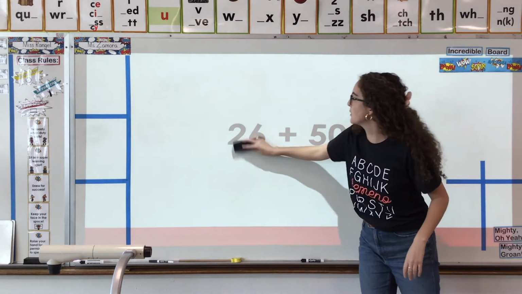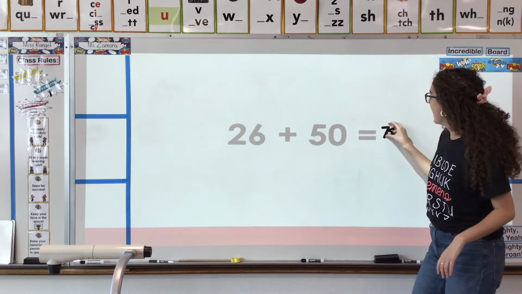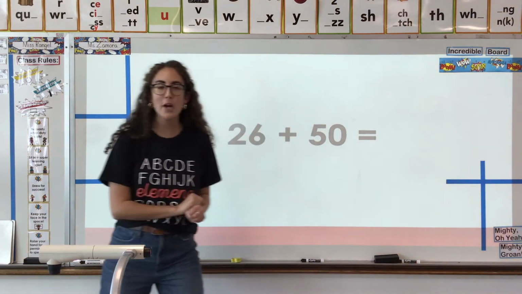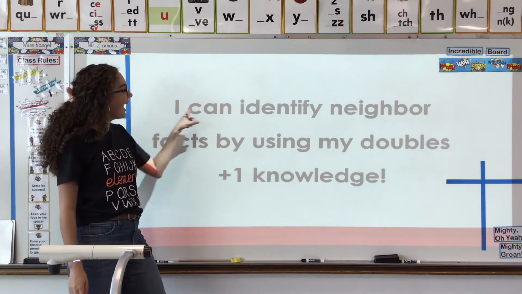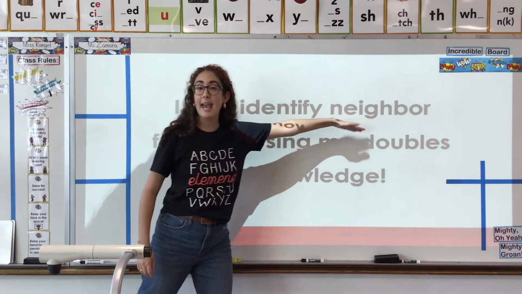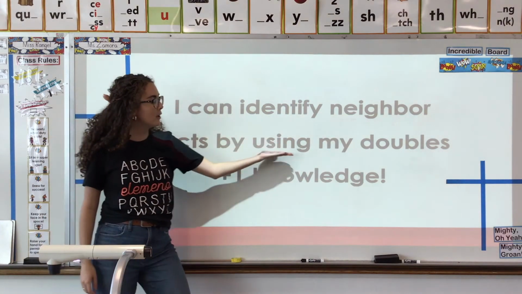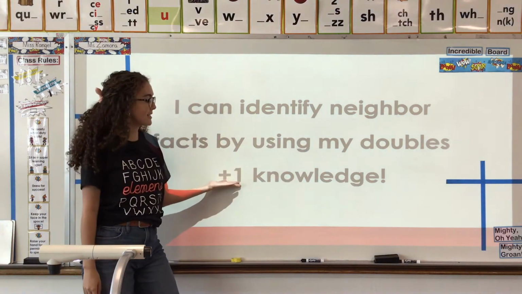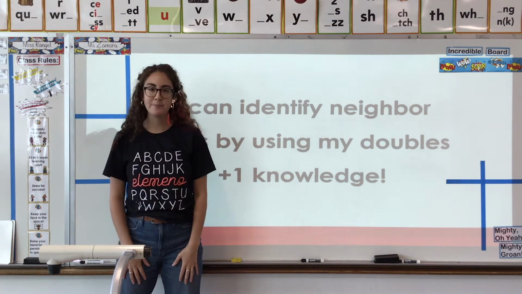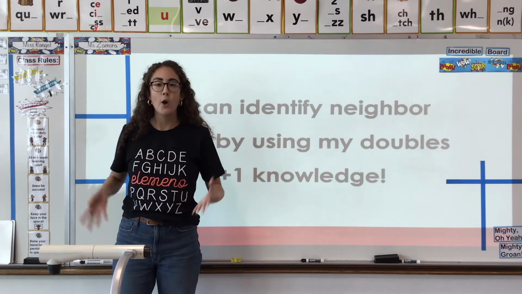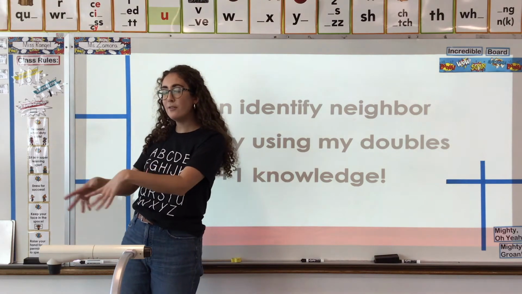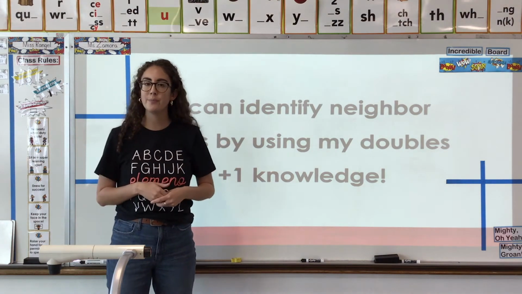Okay, awesome people, good job warming up that brain. Let's look at our new learning target for Tuesday. It says, I can identify neighbor facts by using my doubles plus 1 knowledge. So today, like we've done many times in math before, we're using knowledge we already have to do something new.